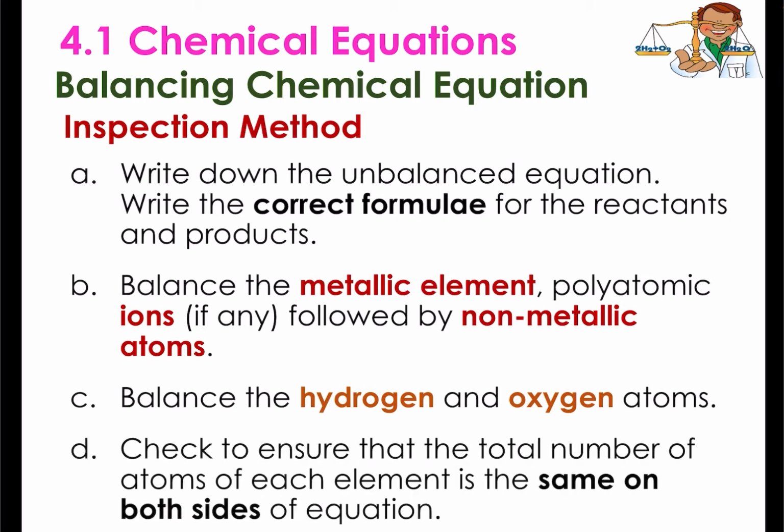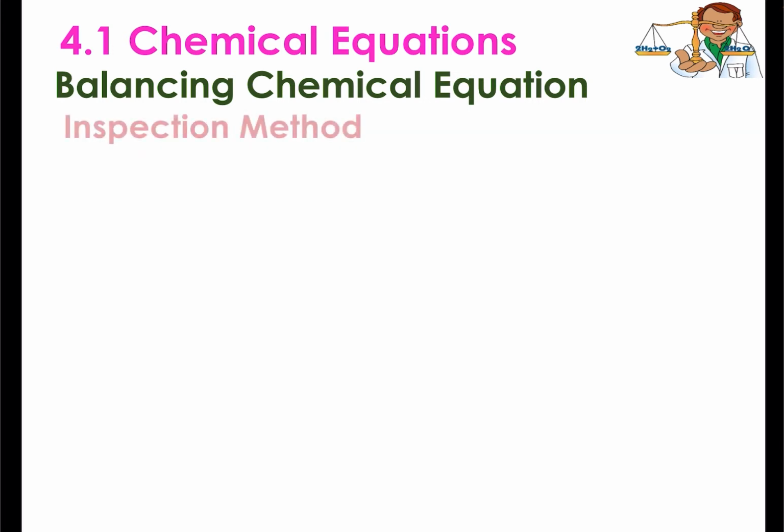And last step, please make sure you have the same total number of atoms for both sides of equation. So in brief, to make it easier for you to memorize the steps, I choose to write an acronym for you, easy for you to memorize.